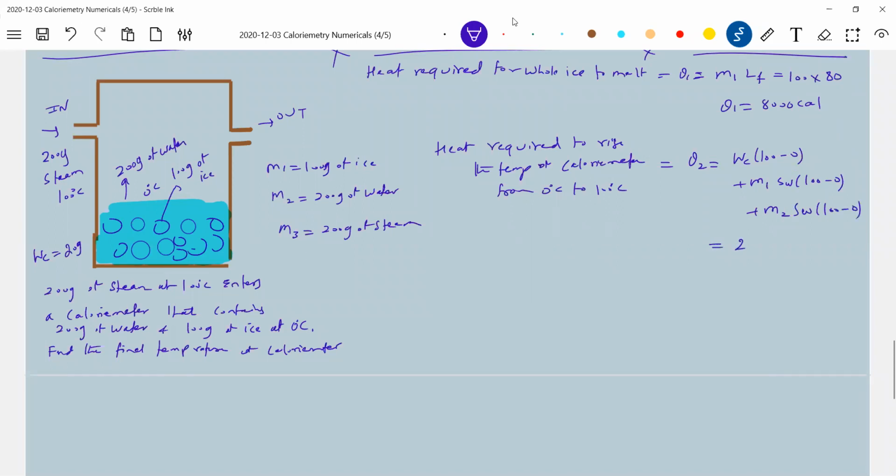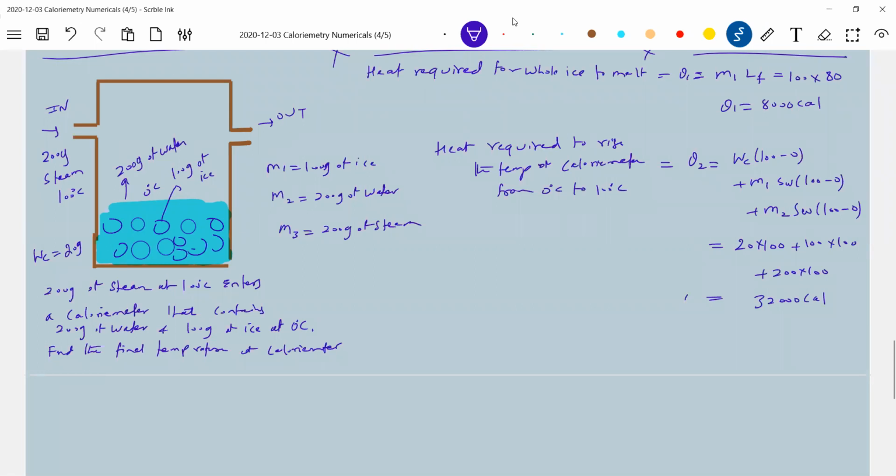So water equivalent 20 into 100, M1 100 into 100, 200 into 100. Total 32,000. Okay, this much is the total.